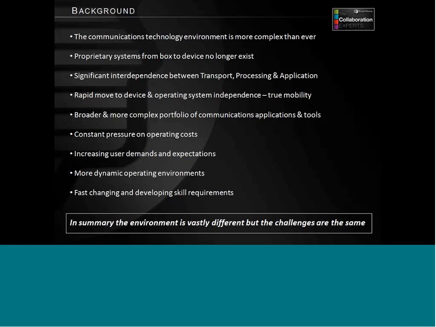And you throw into that the additional problem that technology is evolving so quickly now that to keep up from a skill perspective, to be able to manage the technology and to be able to optimize the technology is extremely difficult.